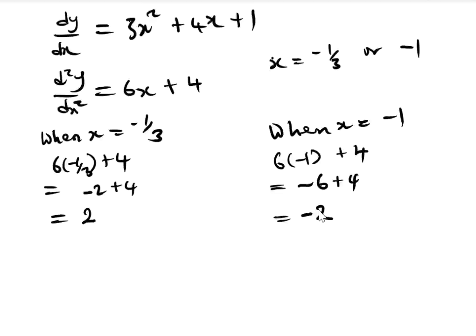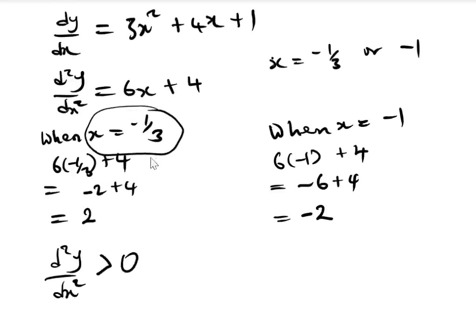And we are asked to calculate the value at minimum. At a minimum, we know that d squared y by dx squared must be greater than 0. Therefore, we have to substitute minus 1 divided by 3 in the original equation.